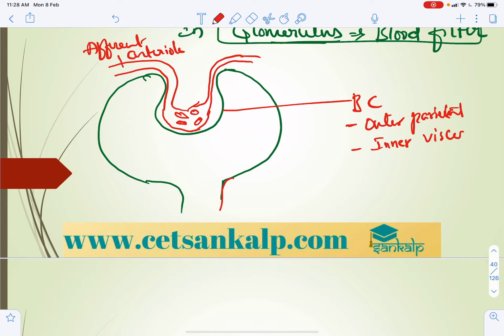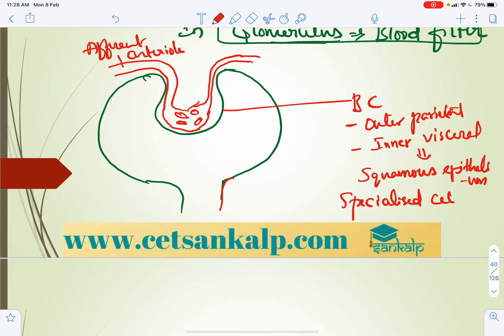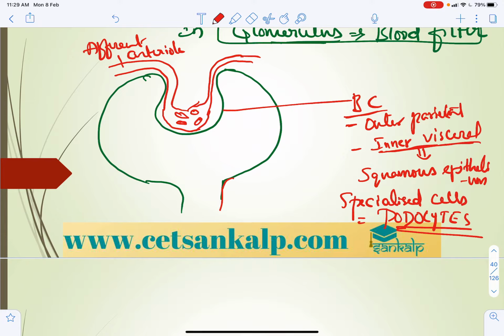The inner visceral layer is lined by simple squamous epithelium, along with specialized cells called podocytes. We'll take these structures in a while. Podocytes are present in the Bowman's capsule, mainly in the inner visceral layer. What is the role of podocytes? Podocytes help in ultrafiltration.